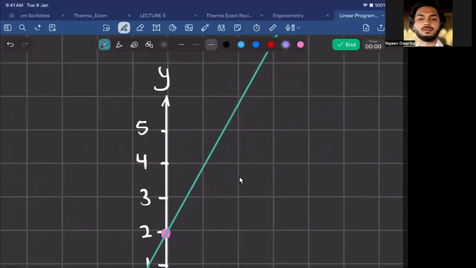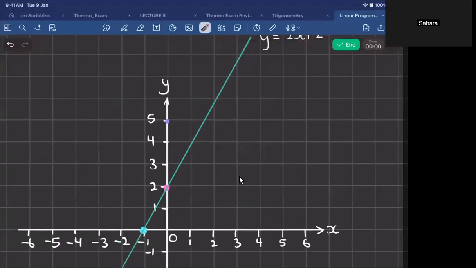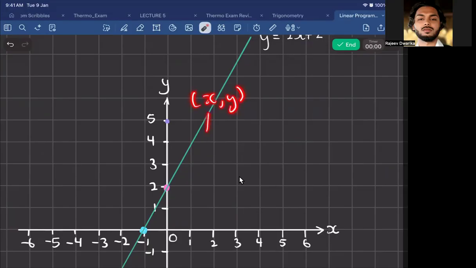So, Sahara, let's just say we had a point over here. Tell me, how would I reach that point? By moving 5 spaces up. Okay, did I do anything else? No. So remember, a coordinate is made up of an x value and a y value. The x is a horizontal movement, left or right. The y value is a vertical movement, up or down.